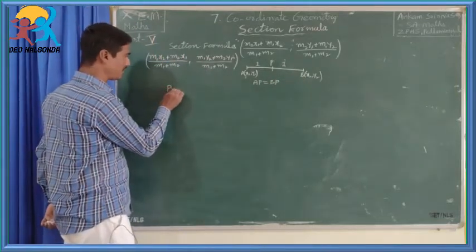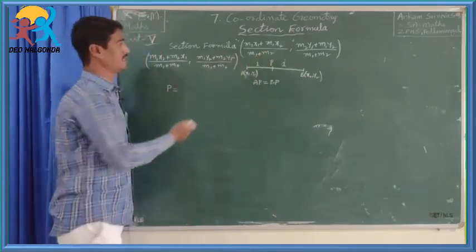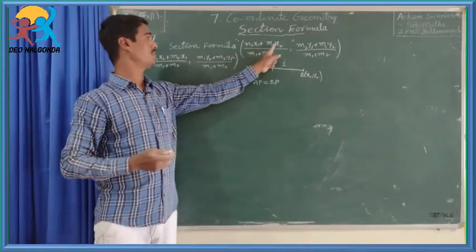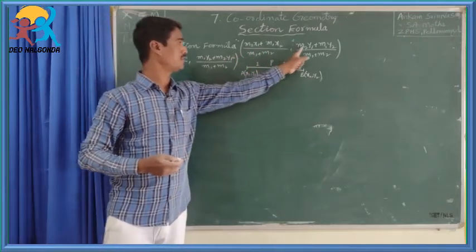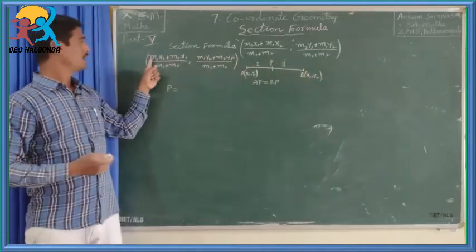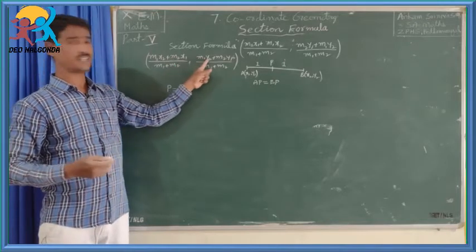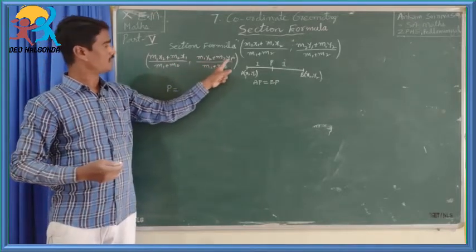So P equals, using the formula, I have written here 2 formulas. M2x1 plus M1x2 by M1 plus M2, M2y1 plus M1y2 by M1 plus M2, or M1x2 plus M2x1 by M1 plus M2, M1y2 plus M2y1 by M1 plus M2.